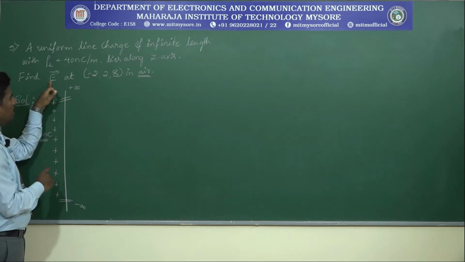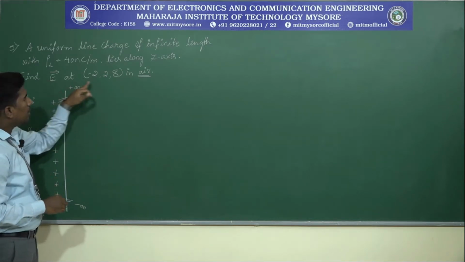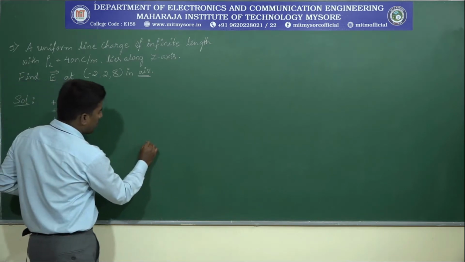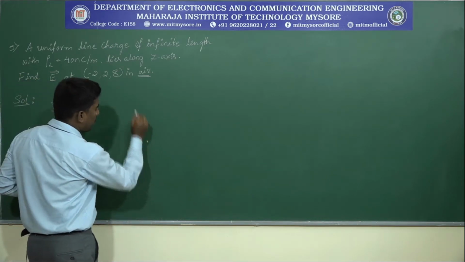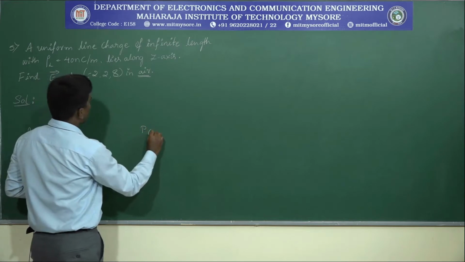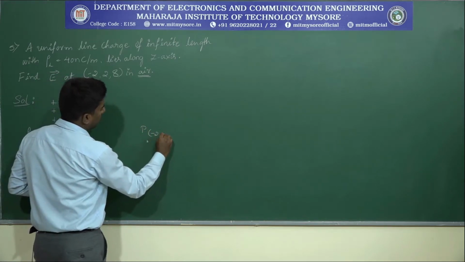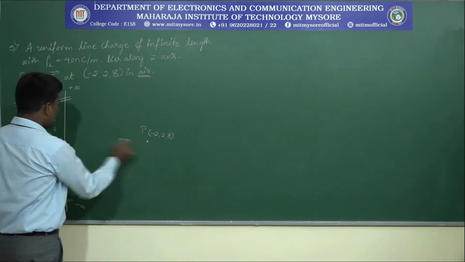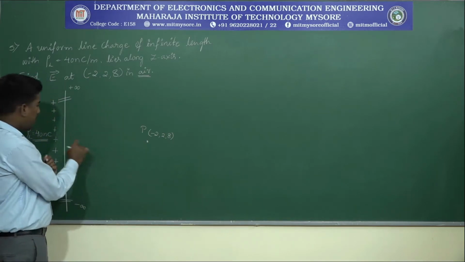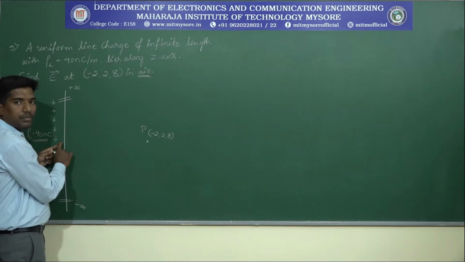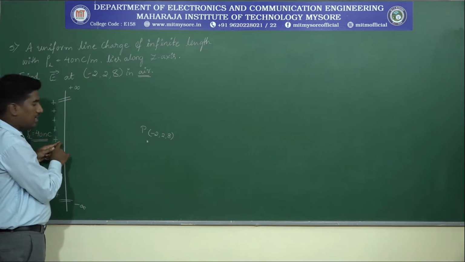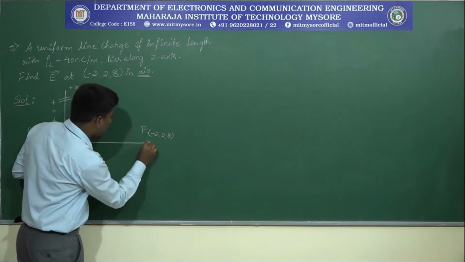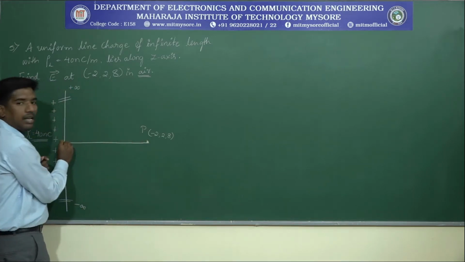We need to find the electric field intensity at a particular coordinate. Let us consider a point P at the coordinate (-2, 2, 8). This point P is at a distance r from the origin of this infinite line charge.